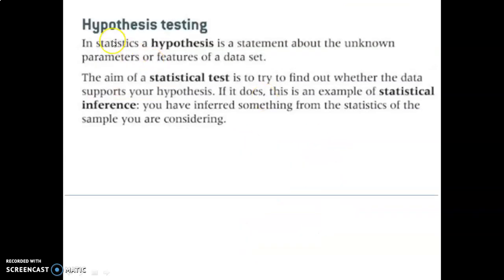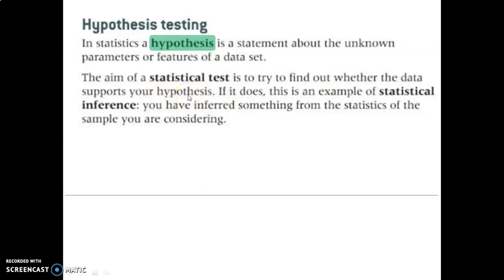Okay, so this idea of checking parameters from a sample is called hypothesis testing. So let's take a look what this means. In statistics, a hypothesis is a statement about the unknown parameters or features of a data set. So the aim of a statistical test is to try to find out whether the data supports your hypothesis. So we might make a hypothesis.